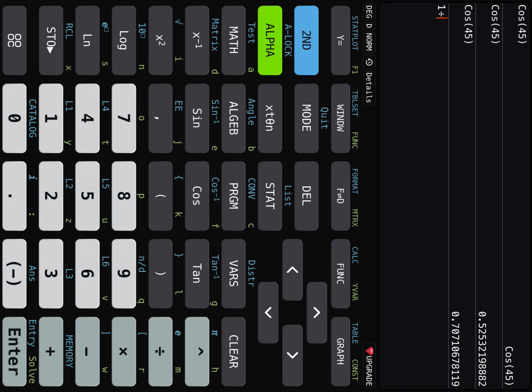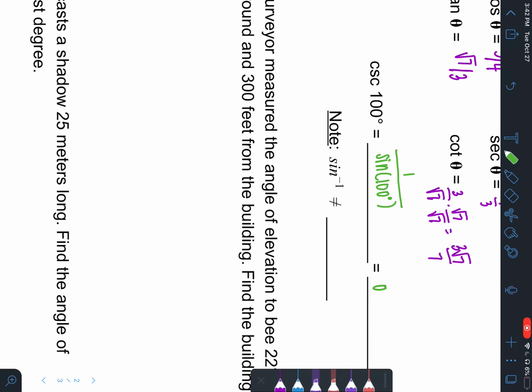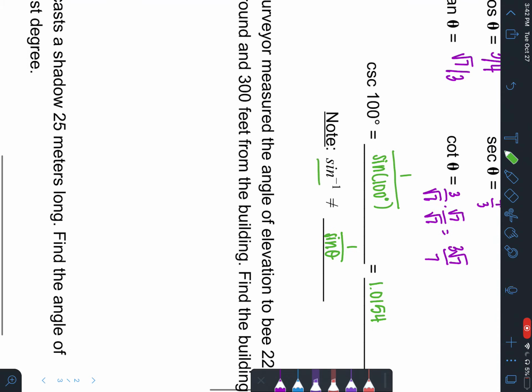So 1 divided by sine of 100 gives me 1.0154. Okay, sine inverse and 1 over sine of theta are not the same thing. This means something completely different.